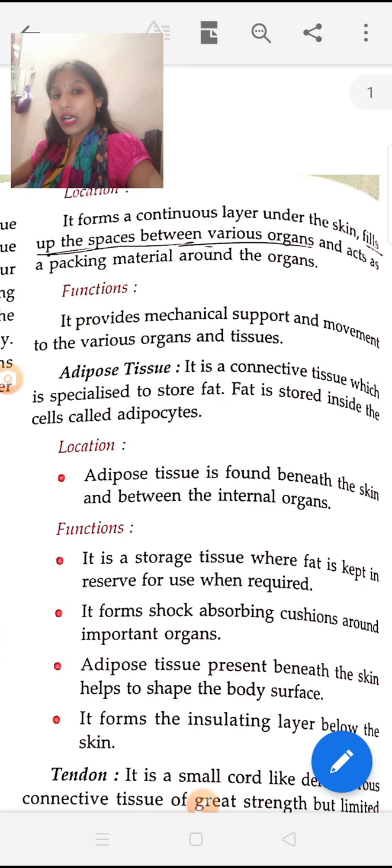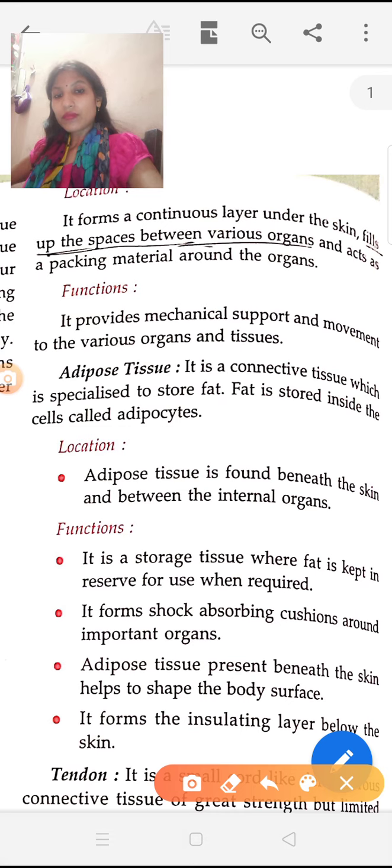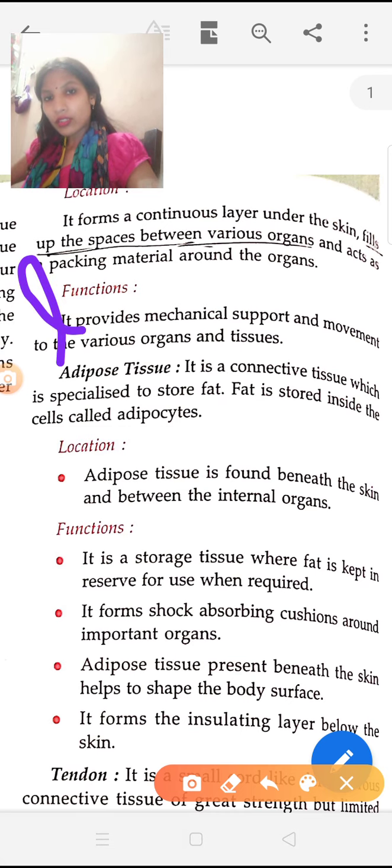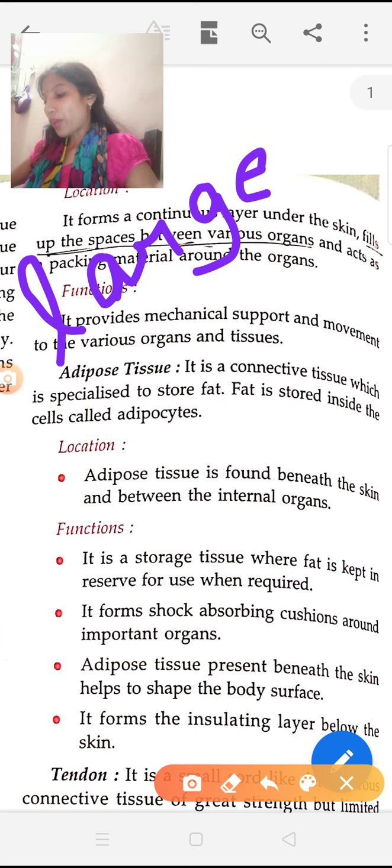They are large and spherical in shape, right? And they have a central space which is occupied by the fat. What does it mean? I will draw a diagram again, so by that you can understand.